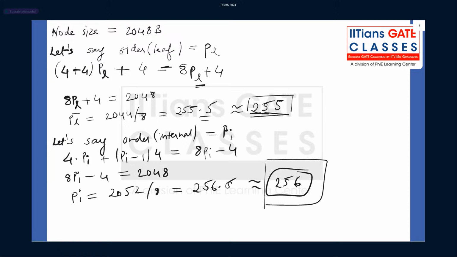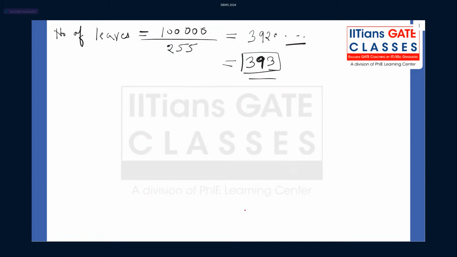And the minimum it can have is ceil of Pi by 2, which is 128. Okay.